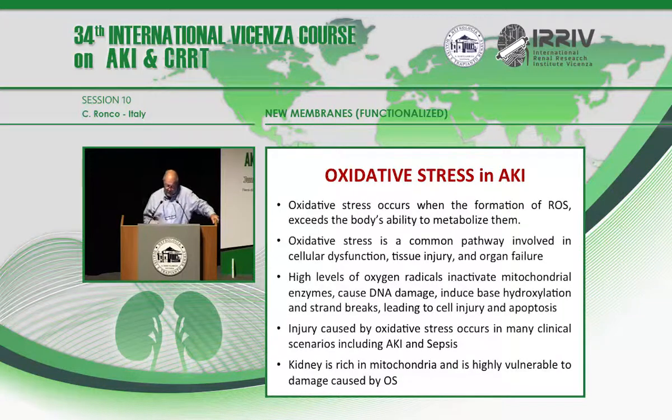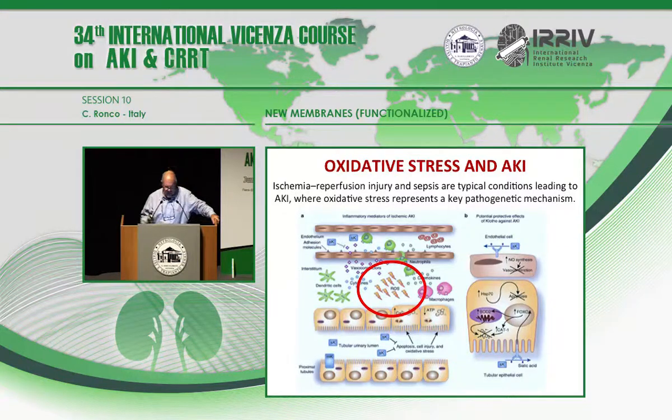Injury caused by oxidant stress occurs in many clinical scenarios, including AKI, but also sepsis. The kidney is rich in mitochondria and therefore is highly vulnerable to damage caused by oxidant species. Ischemic perfusion injury and sepsis are typical conditions leading to AKI, where oxidant stress represents a key pathogenetic mechanism.